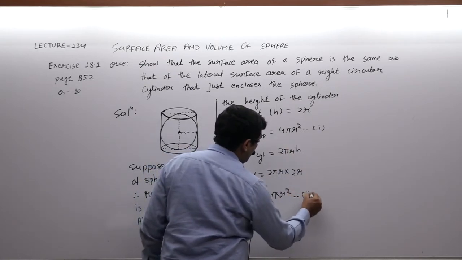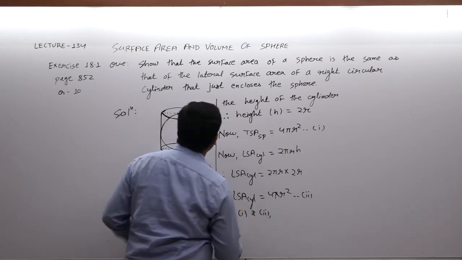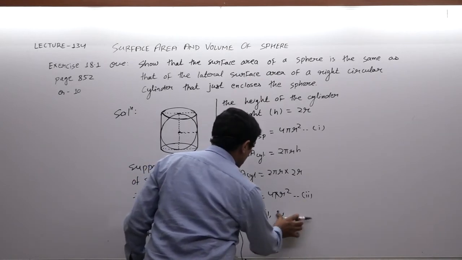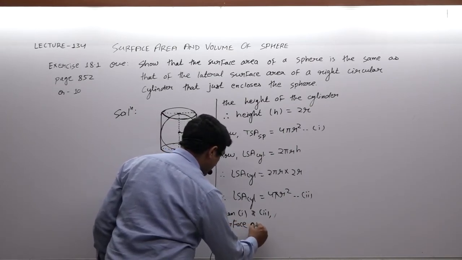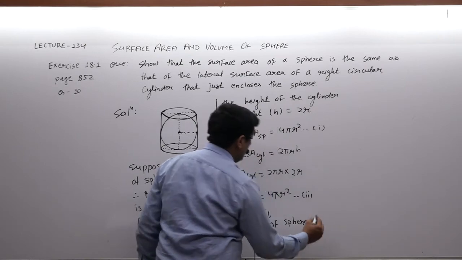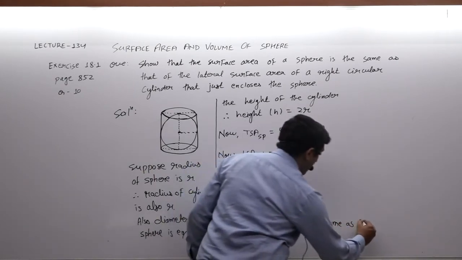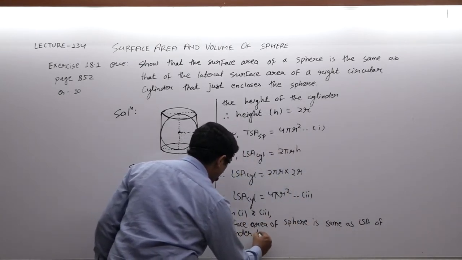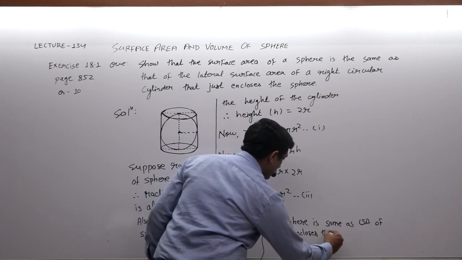So from first and second we can say that surface area of sphere is same as LSA of cylinder that just encloses the sphere.